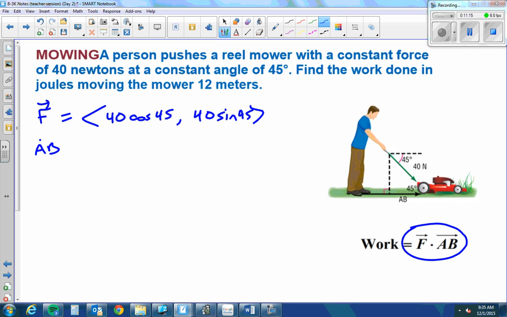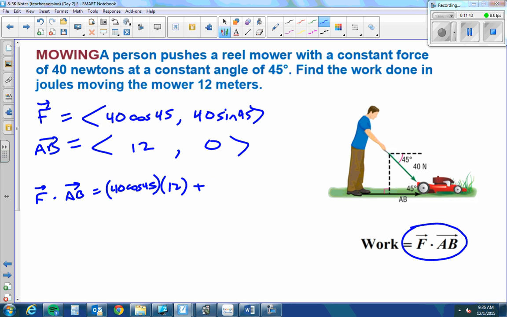And the other vector is the displacement. Well, it's horizontal. It's 12 meters to the east, so it's positive 12 for the horizontal, 0 for the vertical. And then you do the dot product. So we're dotting our two vectors together. To do that, you do the horizontal times the horizontal plus vertical times vertical.